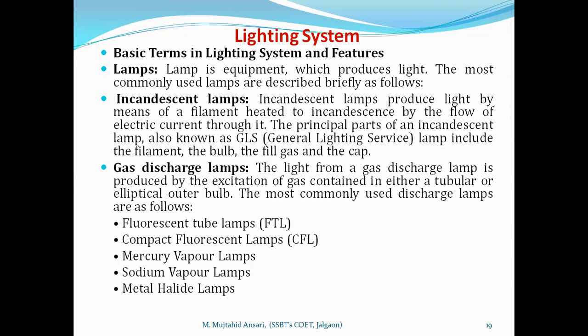It may be a fluorescent lamp, a compact fluorescent lamp or a regular fluorescent lamp, a mercury vapor lamp, a sodium vapor lamp, an LED lamp. So all are equipment which are used to emit illumination, the output of which is in lumens, and therefore it is called a lamp.